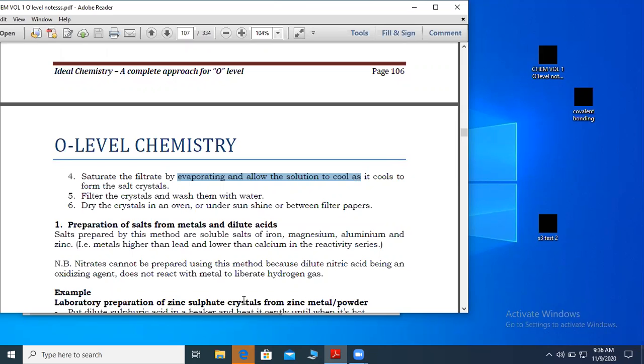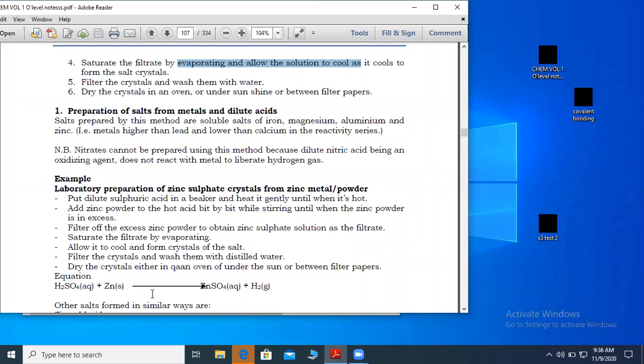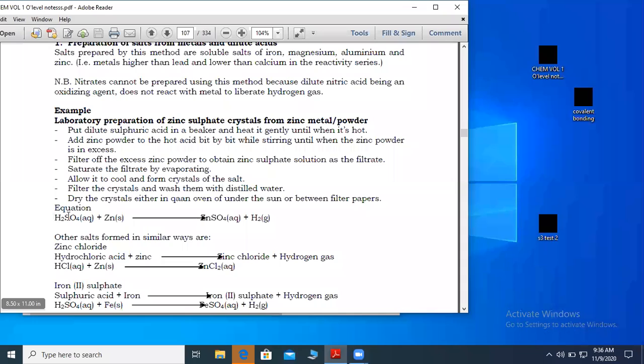Clearly here the acid to use is sulfuric acid. So just follow the procedure. And finally you should write an equation. Zinc plus sulfuric acid, you get zinc sulfate plus hydrogen.